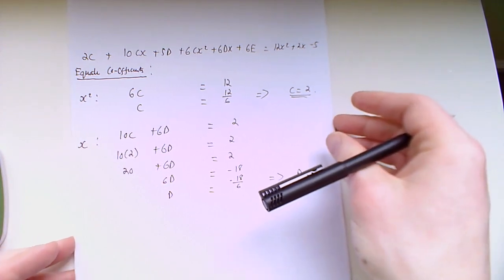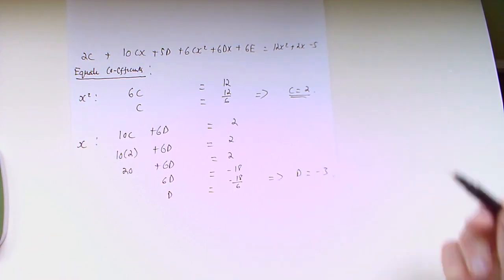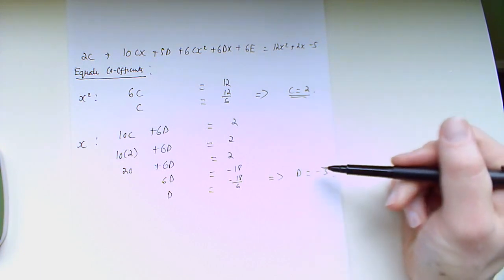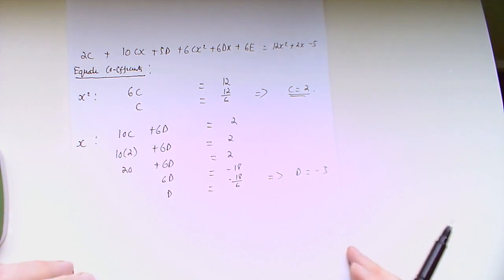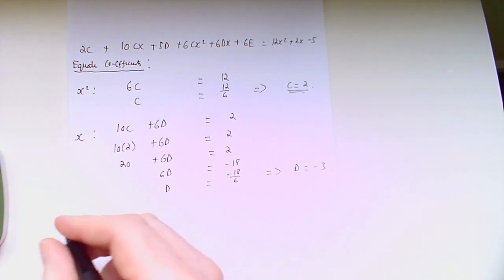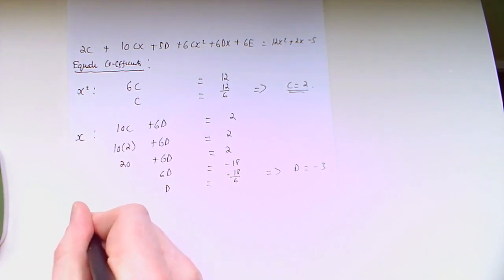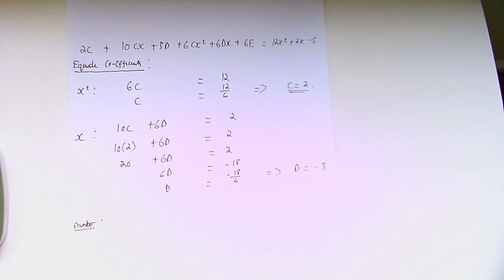So I'm nearly there. I've worked out what c is, I've worked out what d is, and in my particular integral it was cx squared plus dx plus e, so I've still got to work out what e is. So I'm just going to look at constant terms or number terms, the things that don't have x's in them.